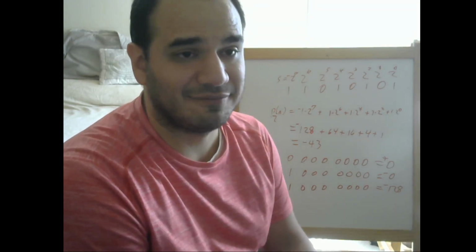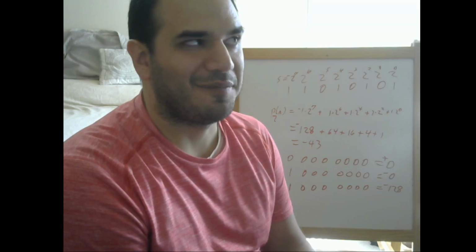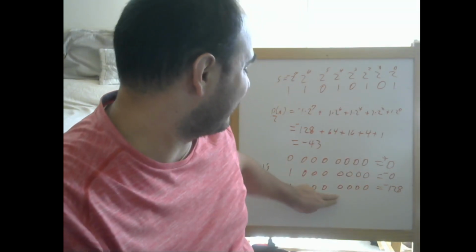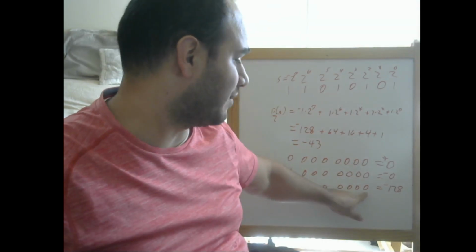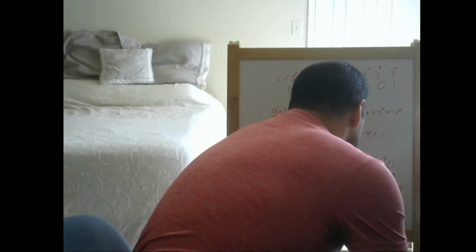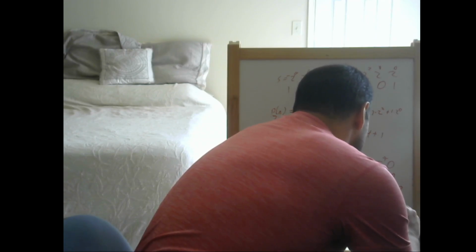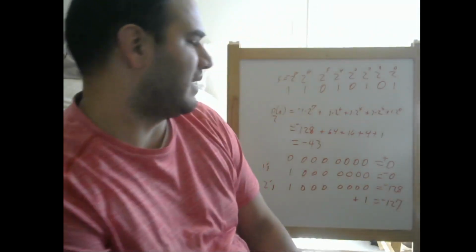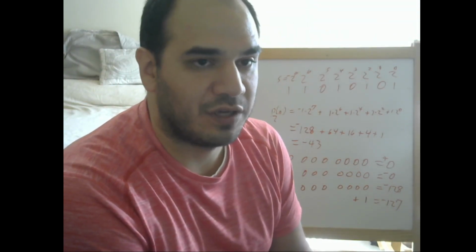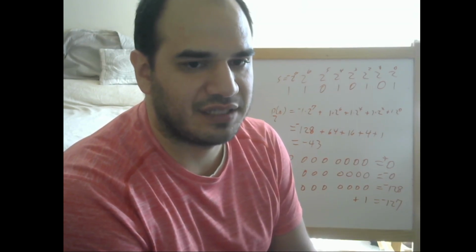And it's just to gain one extra number, but it's not just to gain one extra number. This method has the added benefit that if you add 1 to this, you get negative 127, which is what you get when you add 1 to negative 128 in general, right?